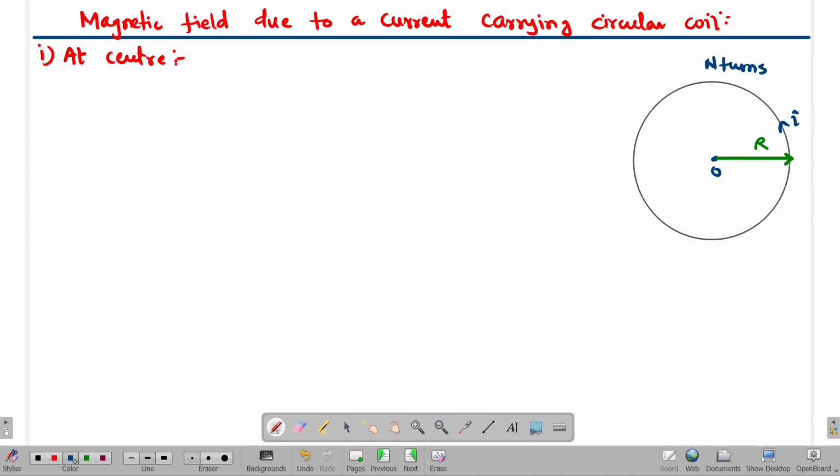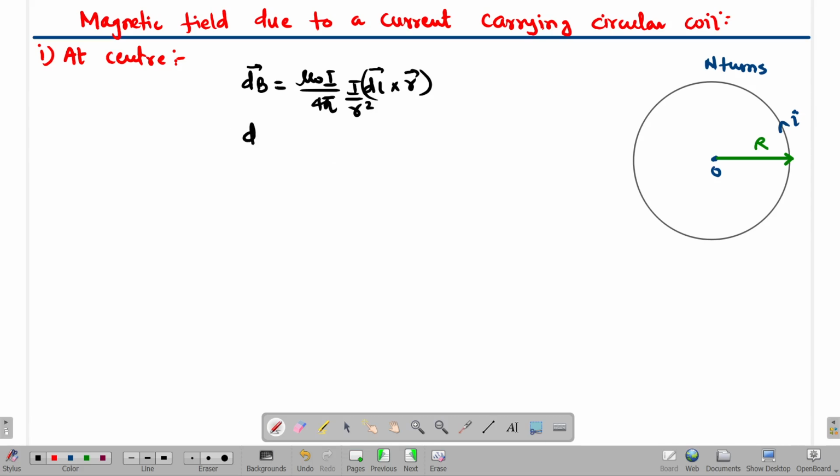Alright, let us see. What is the formula of Biot-Savart's law? Mu naught I by 4 pi, I dl cross r by r square, isn't it?